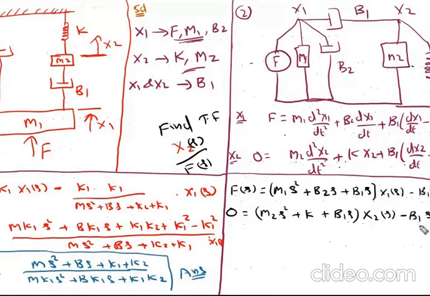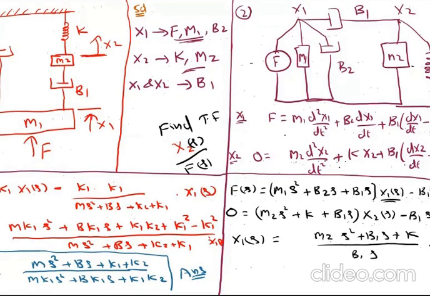Now just rearranging this, as I need x2 by f, in this problem you have to eliminate this x1. To eliminate it, I am sending this towards the left hand side, then you can write the equation for x1 of s is equal to (m2 s square plus b1 s plus k) divided by b1 into s, into x2 of s, equation 5.